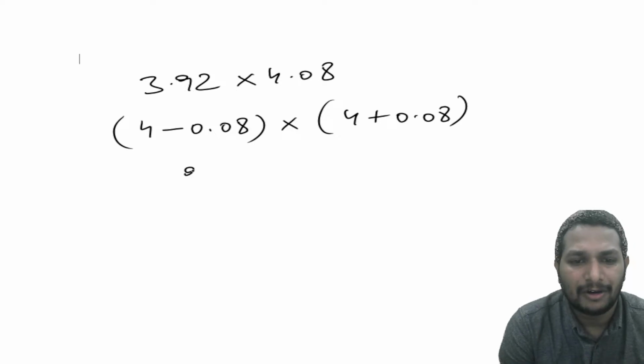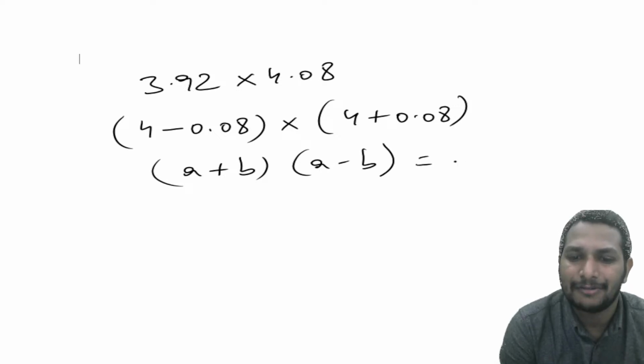This is in the form a minus b into a plus b, which is a square minus b square.